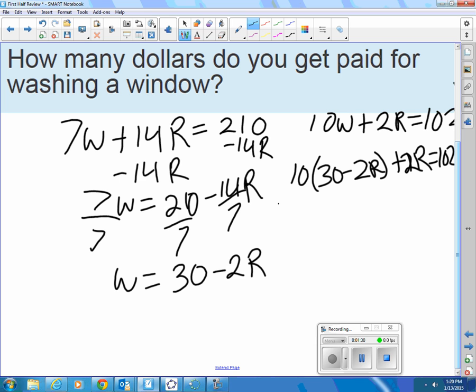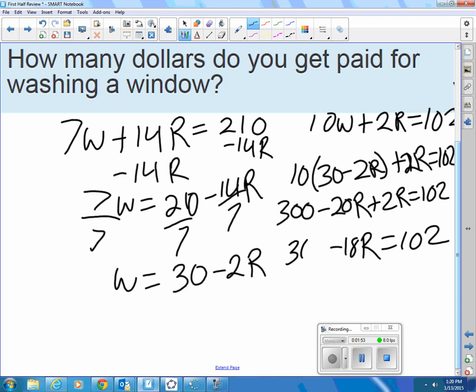10 30s is 300. 10 2s is 20. So 10 times negative 2R is negative 20R plus 2R equals 102. Combining the negative 20R and the positive 2R gives me negative 18R.